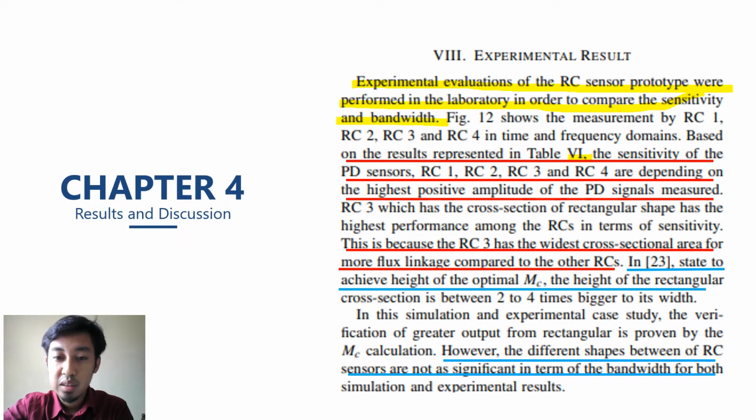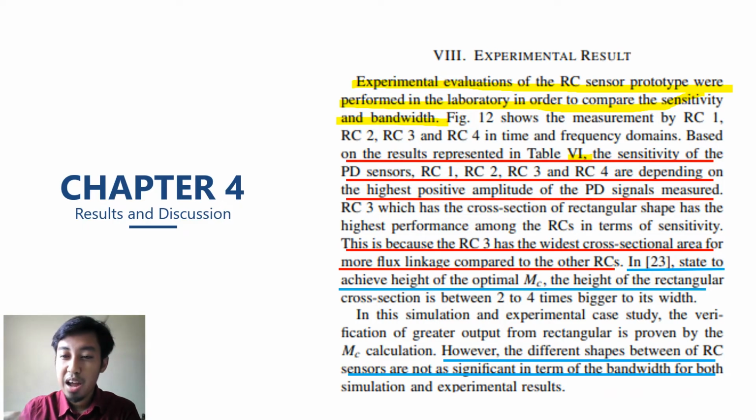RC3, which has a rectangular cross-section shape, has the highest performance among the RCs in terms of sensitivity. This is because RC3 has the widest cross-sectional area for more flux linkage compared to the other RCs.